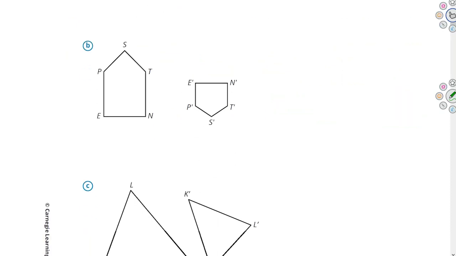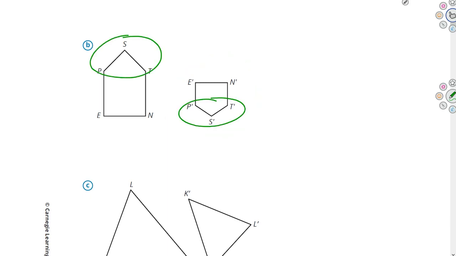Letter B, do these look similar to you, that it has proportional side lengths and congruent angles? And I don't know about you, but it looks like it's not going to be, right? So this one over here, especially this part down here, doesn't look to be the same angles as this. I don't think that this angle right here, for example, is the same as this corresponding angle here.